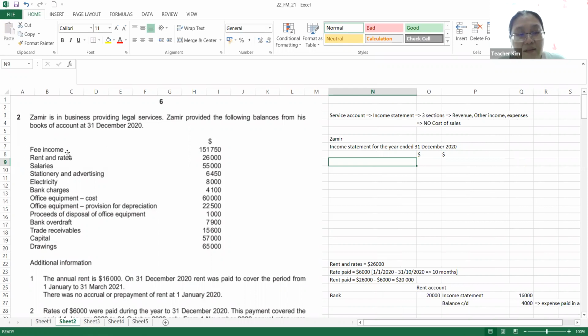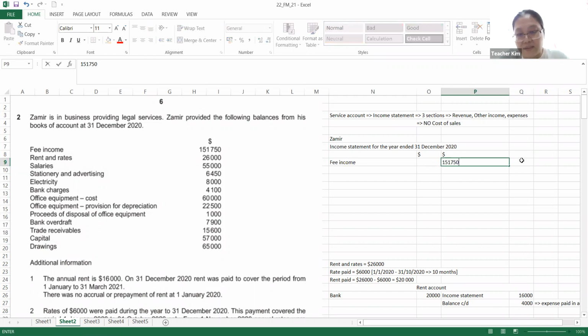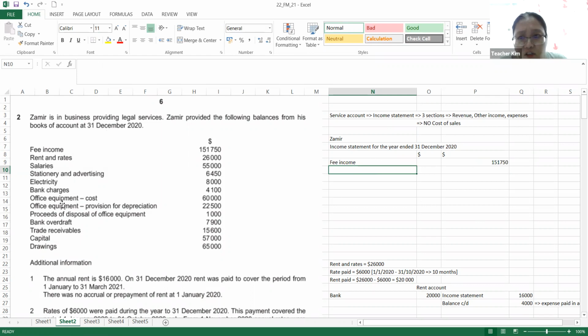Okay, fee, they didn't say anything. They didn't say any adjustment to be made for the additional information. In this case, our fee should not have any adjustment. Fee income, 151,750. If they don't have any adjustment, sometimes they don't give you the mark. So this one, they didn't give you the mark. Okay. From here, we didn't see any other income. Basically, straight away, less expenses.